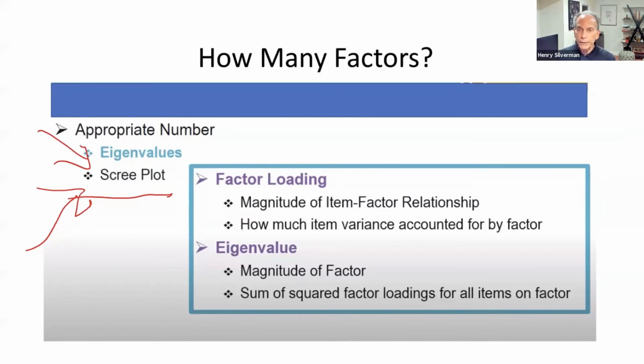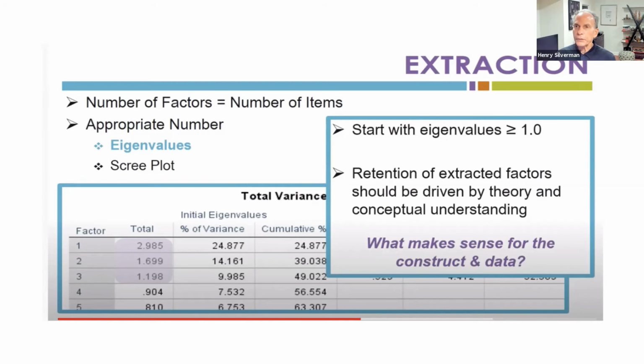Again, factor loading represents the magnitude of the item-factor relation or the correlation. The eigenvalue represents the magnitude of the factor. So how do we calculate that? Well, we calculate the eigenvalue by squaring the factor loadings, and we sum them all up, and we get what's called the eigenvalue. Statistical theory tells us that we should only consider those eigenvalues that are greater than 1.